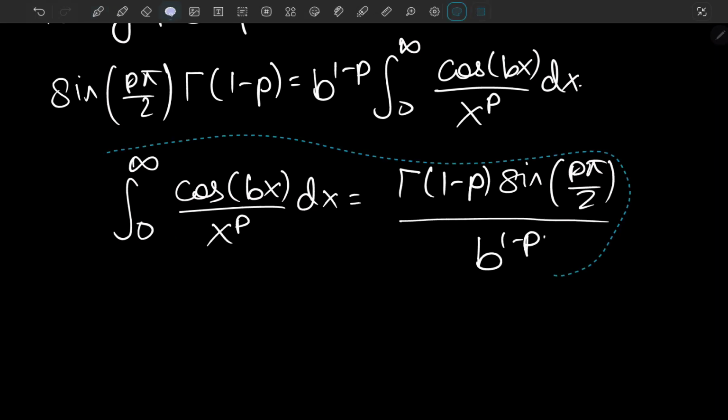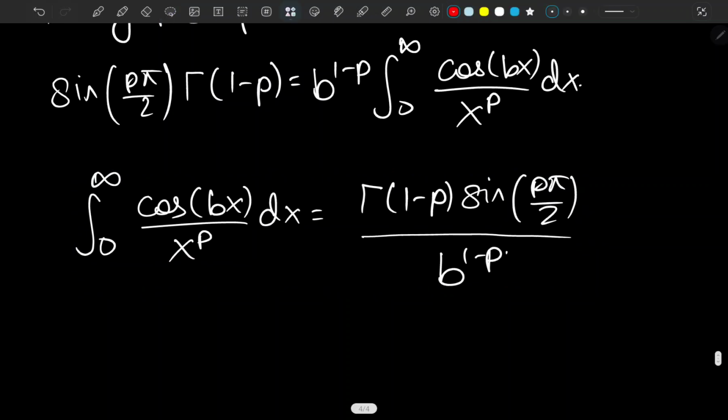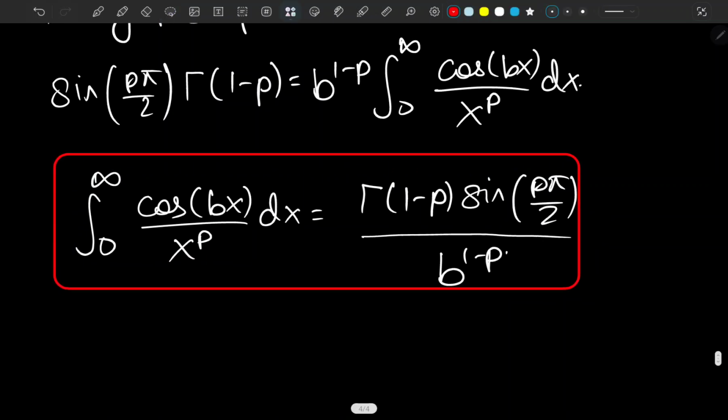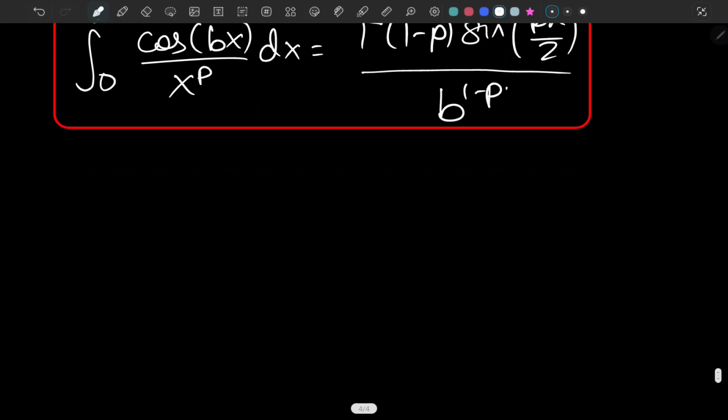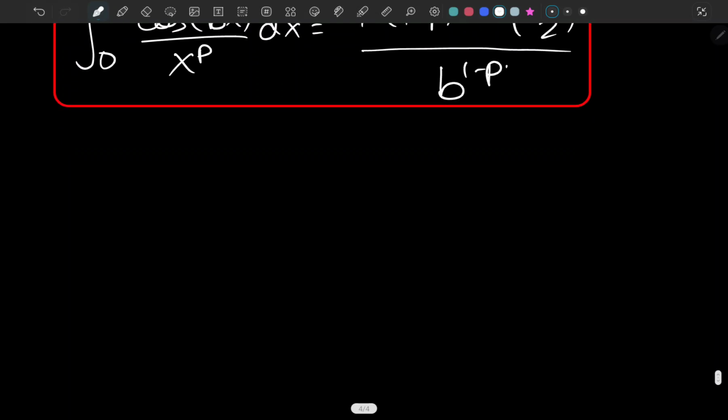And I think we shouldn't be stopping right here. We can do something better as well. So what can we do? Well, I'm just going to use the reflection formula, which consists of a cosine term. I haven't proved it yet, but it's going to take just 3 minutes, and that's going to be my next video actually.